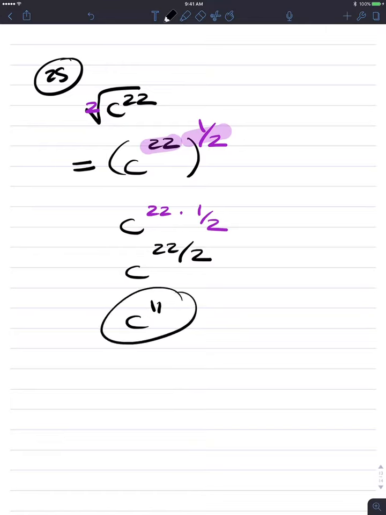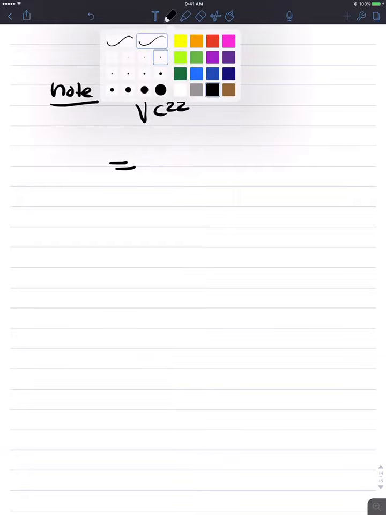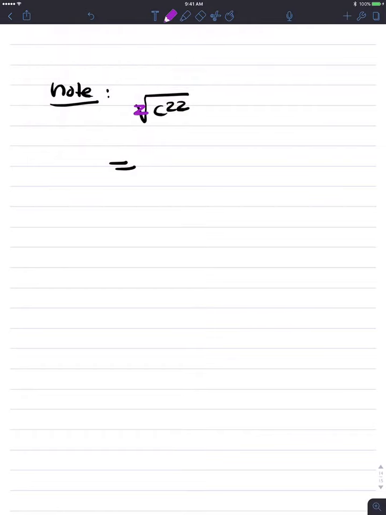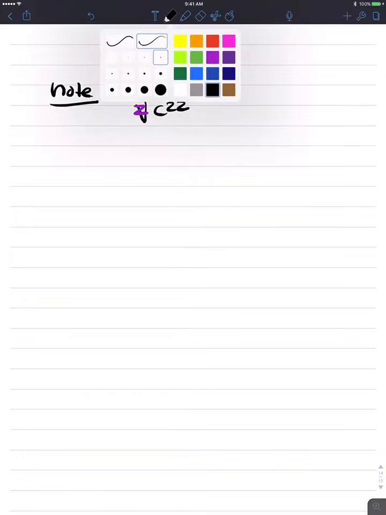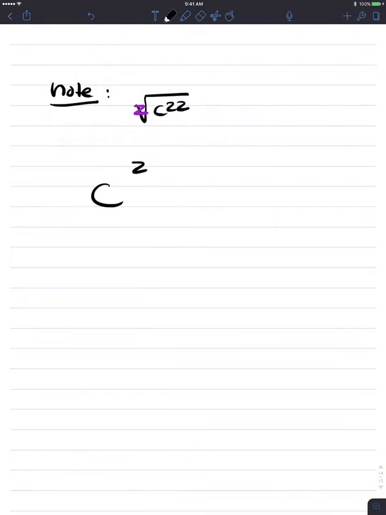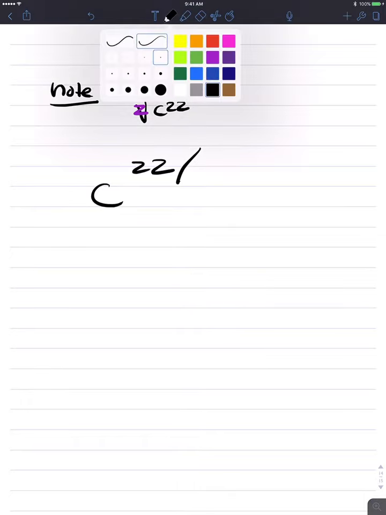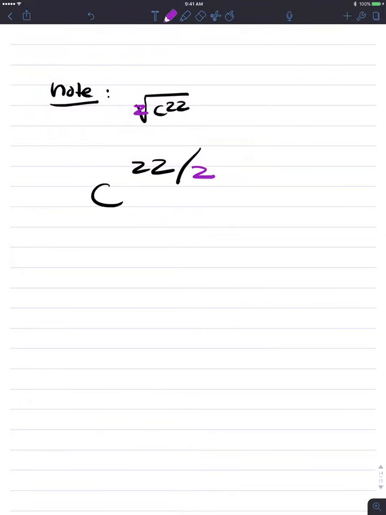Now I'm going to give you another note, because this gives you an even shorter way of answering the question. If I notice they don't give me an index value, by default, the index is 2. As a shortcut, even further, I can write this as c to the 22 divided by the index of 2.